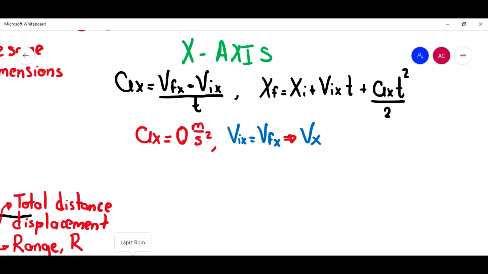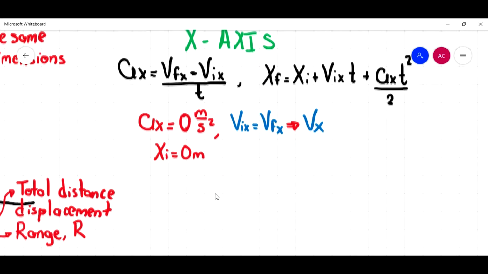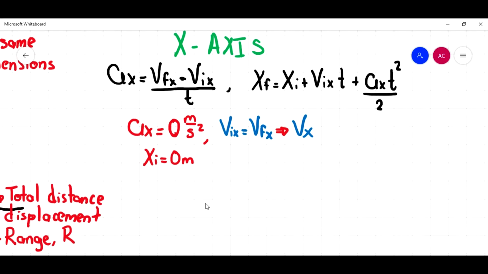And the other note is that the initial position in x most of the times is 0 meters. When I'm talking about most of the times, I'm talking about the problems that we're going to see, and then 100% of the times the initial position is 0. Well, let's say 99% of the times. So that being said, let's cancel everything that is going to be 0.